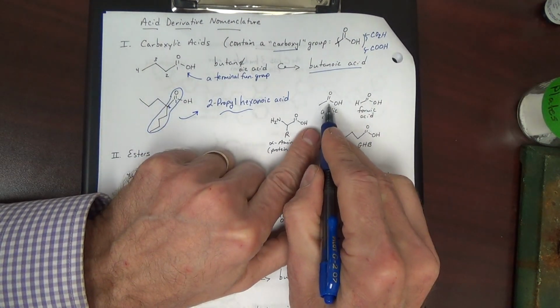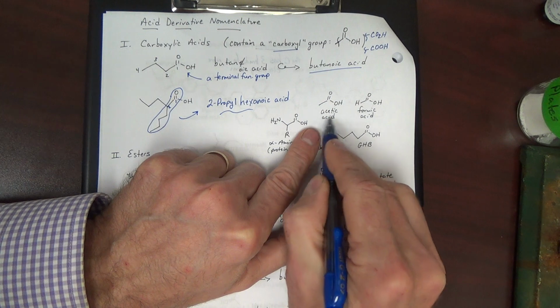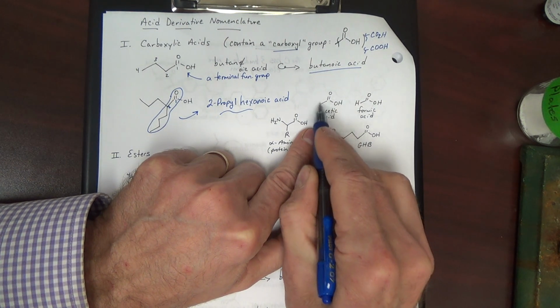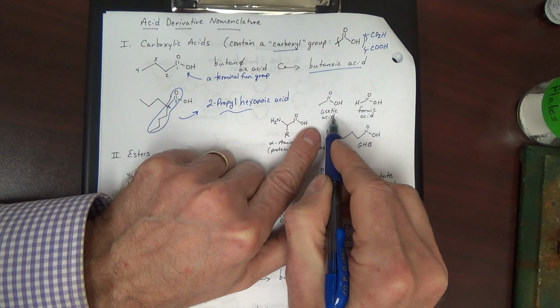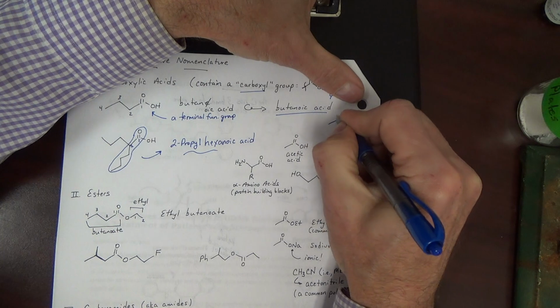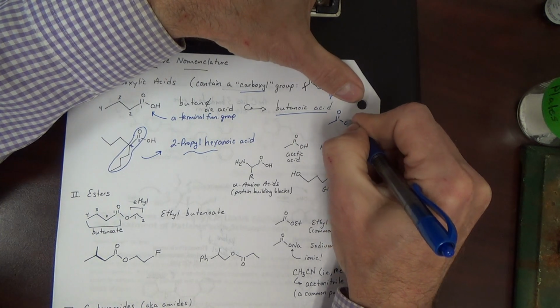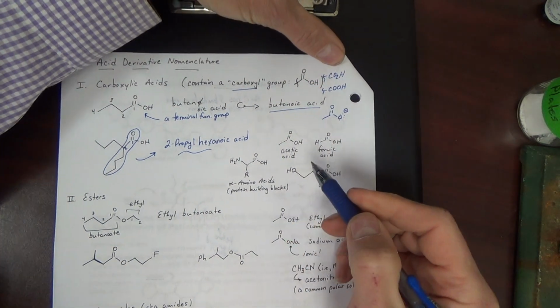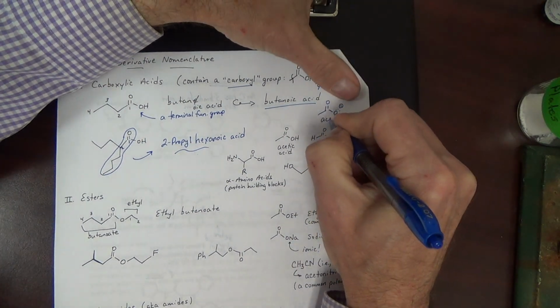What about this guy here? Well, the common name is acetic acid. You need to know that. You should have learned acetic acid in Gen Chem. You certainly learned the anion. The anion of acetic acid is acetate.